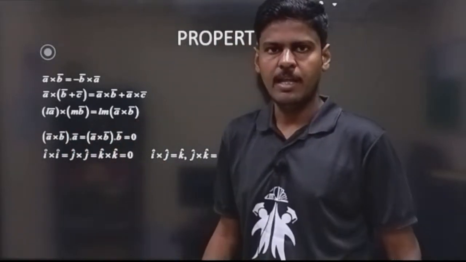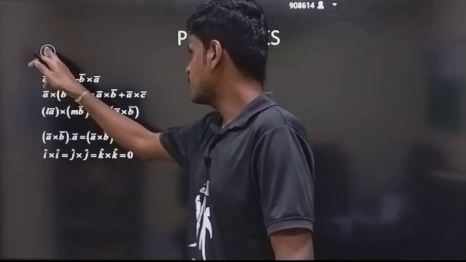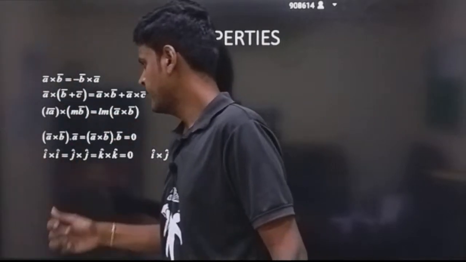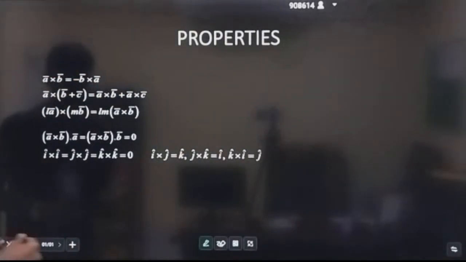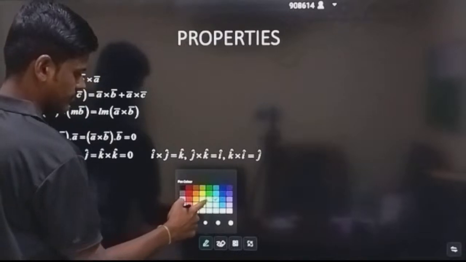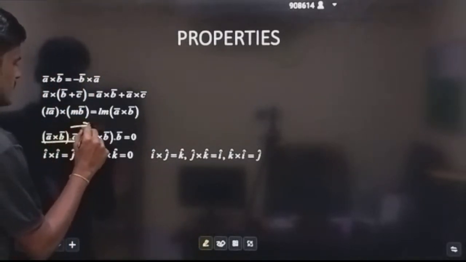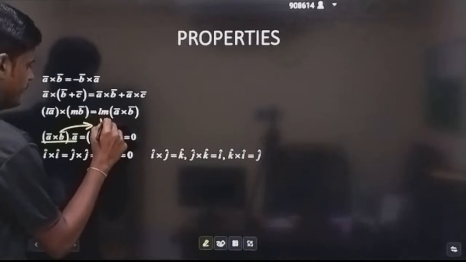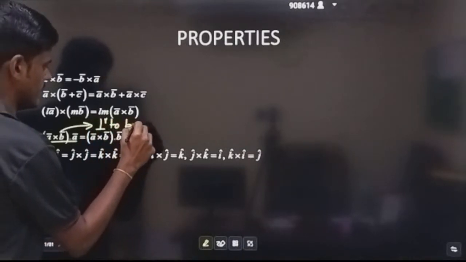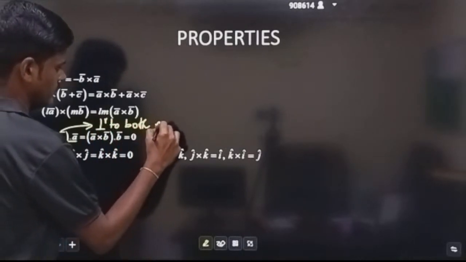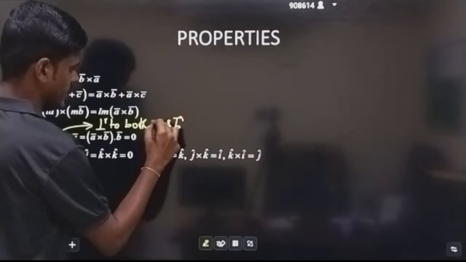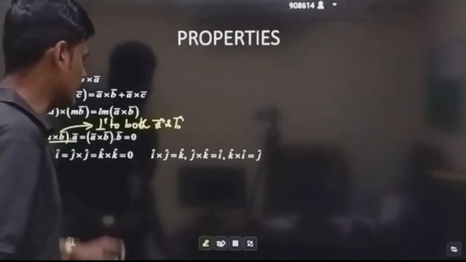Similarly for B vector, I hope this is clear, because A cross B is a vector. A cross B is perpendicular to both A and B vector.